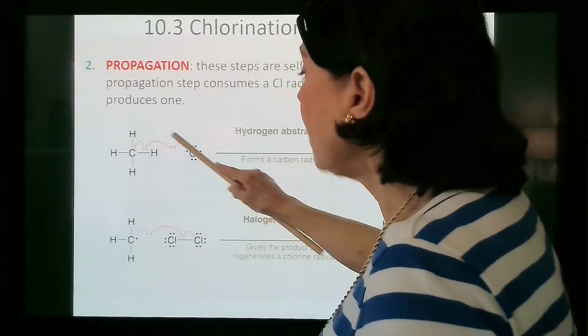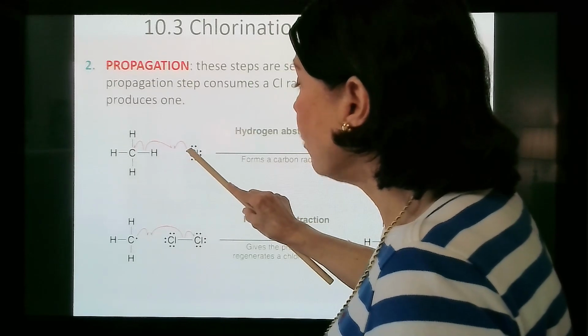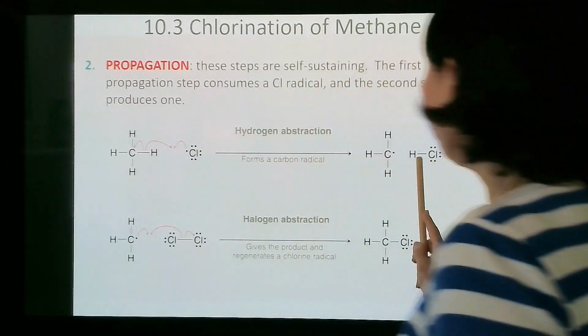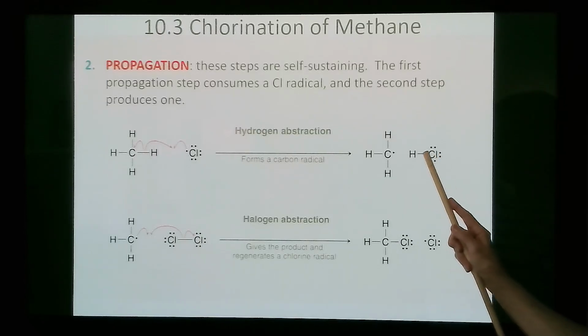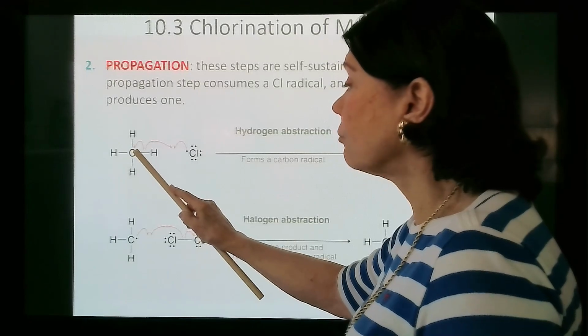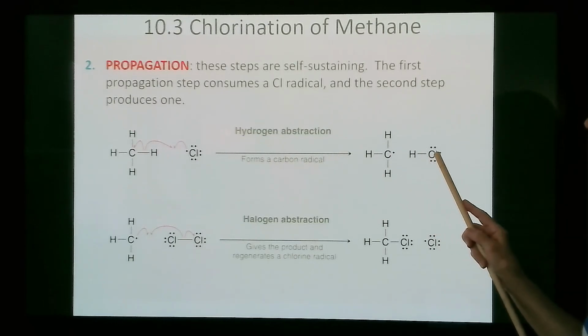So Cl dot comes in, that abstracts H dot, the 1 electron from chlorine and 1 electron from the CH bond form the HCl bond here, and the other electron moves back to reside on carbon. So you have methyl dot. This is a radical, and you have hydrogen chloride formed.